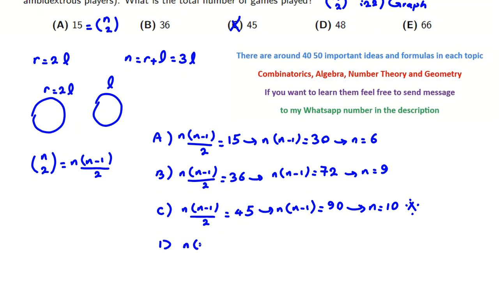For choice D, N times N minus 1 over 2 is 48, so N times N minus 1 is 96. It's not possible.